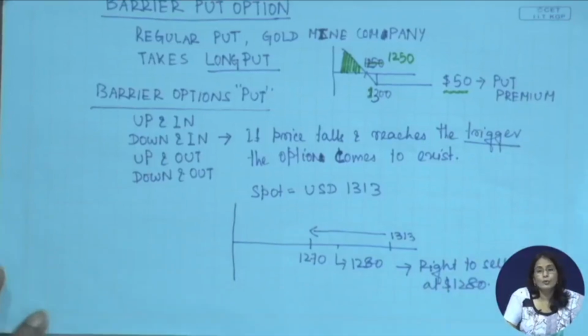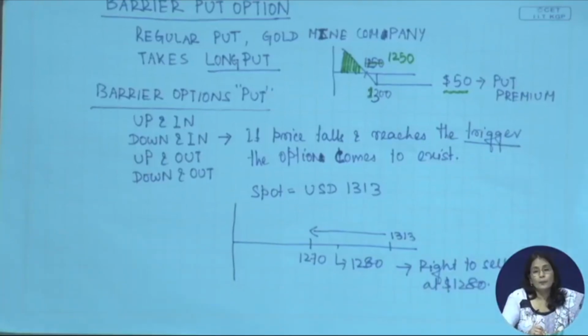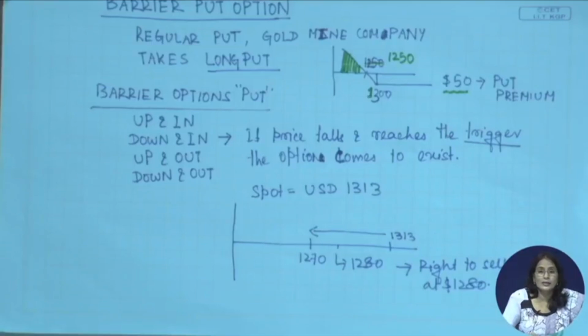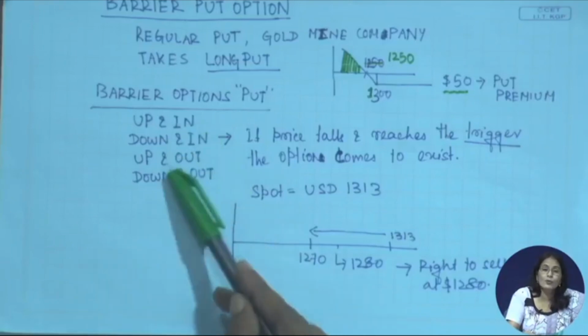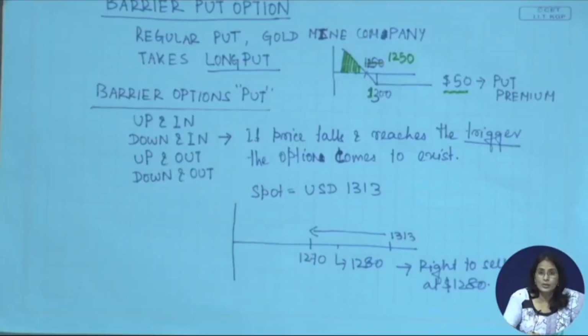If you go to any textbook which has a chapter on exotic derivatives, exotic option contracts, you will definitely get to see what exactly is a barrier option. These 4 options I have mentioned with respect to put. You can also have an up and in call option, down and in call option, up and out call option, and down and out call option.